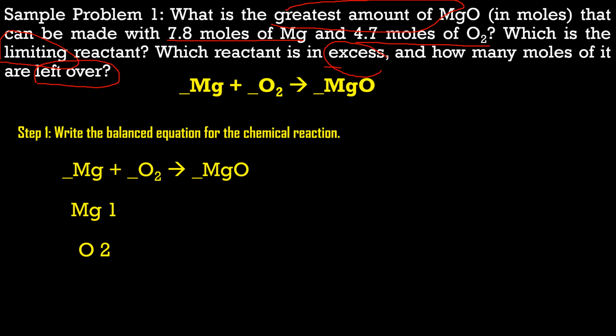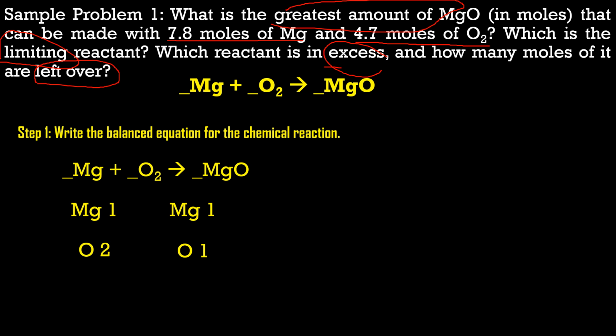In the product side, we have 1 magnesium and 1 oxygen. Now, if we try to observe, the amount of atoms in the reactant side is 2. That's why the product side, oxygen, must also contain 2 atoms.